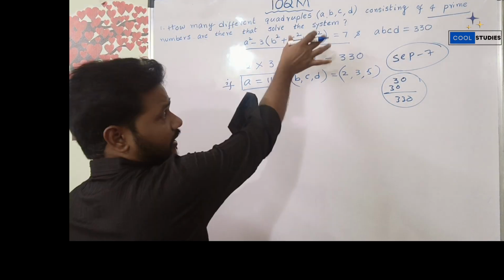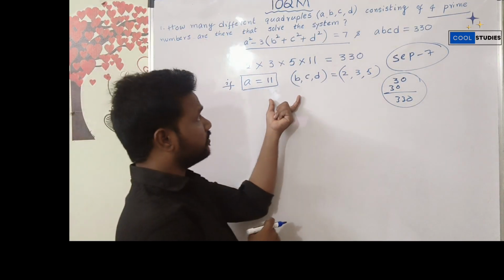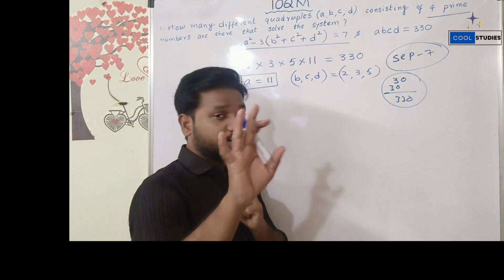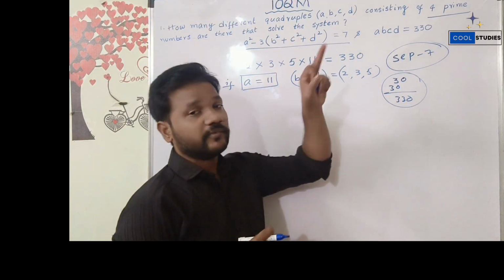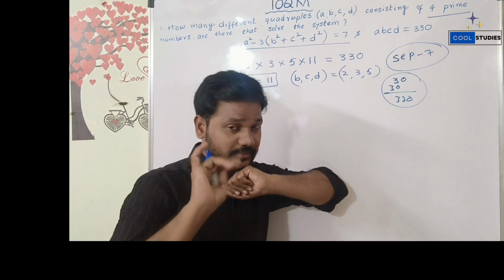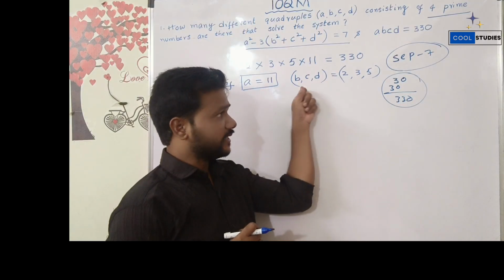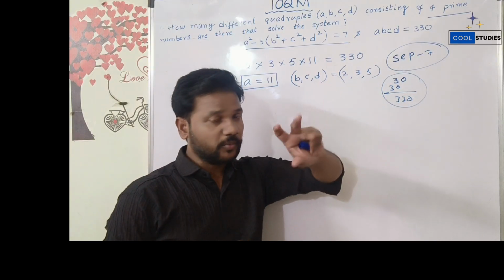Let us substitute these values in the given equation. If we get the answer 7, we can conclude that A is 11 and B, C, D are 2, 3, 5. I hope you understand here.